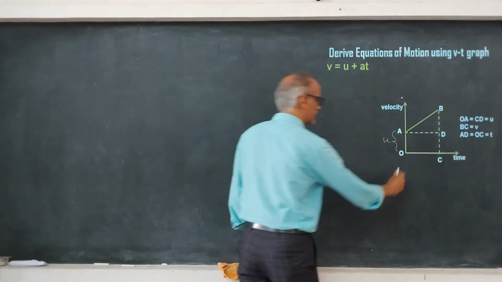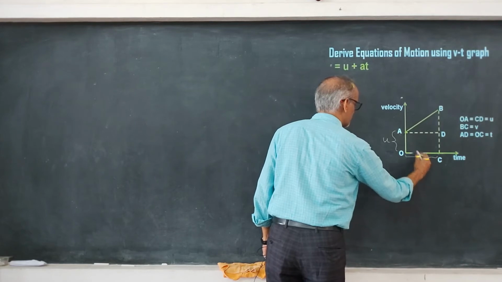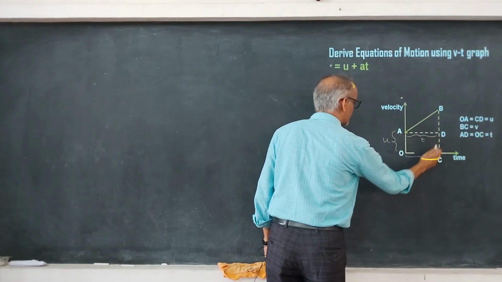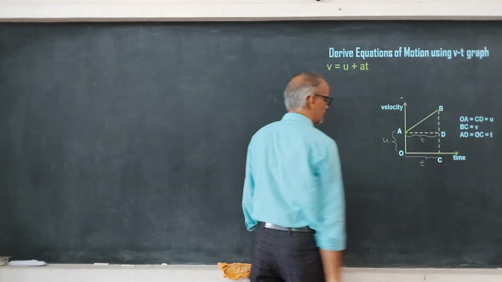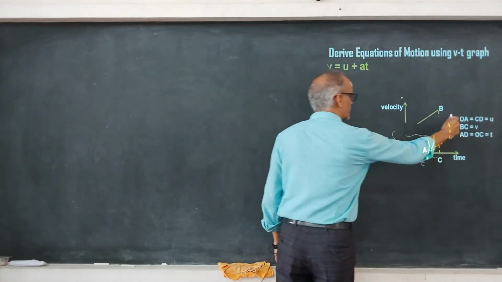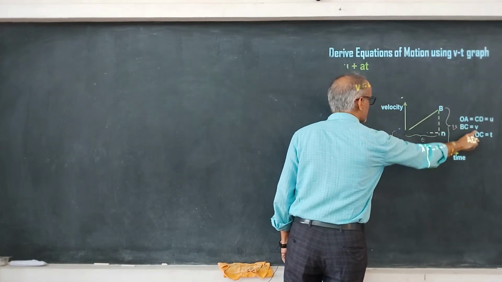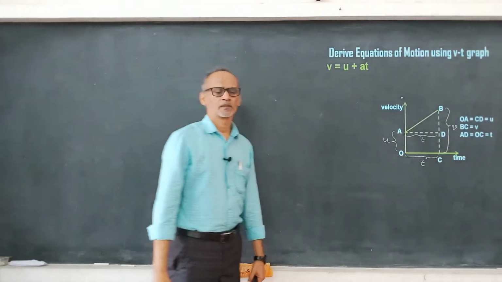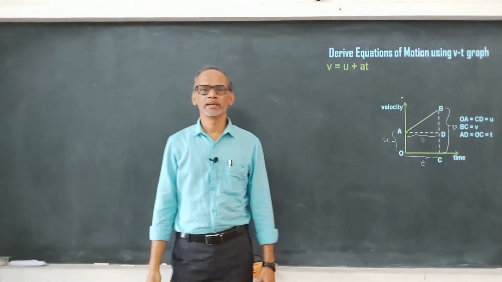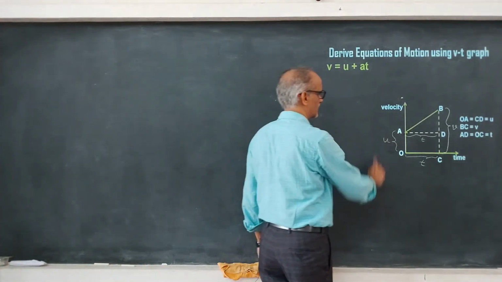After a time t, that is OC, this is t. This is also equal to t because the sides are equal. After a time t, this velocity changes to v. So BC is equal to v. So what is OA? OA is the initial velocity, correct?